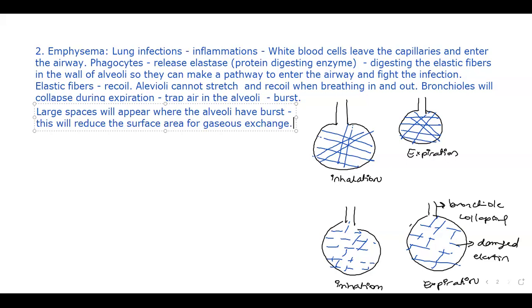When it reduces the surface for gaseous exchange, what is going to happen? Less oxygen is absorbed into the blood, leading to emphysema. This is what emphysema actually is.